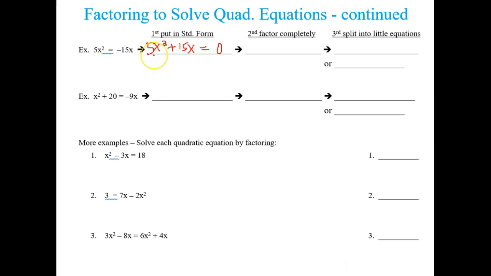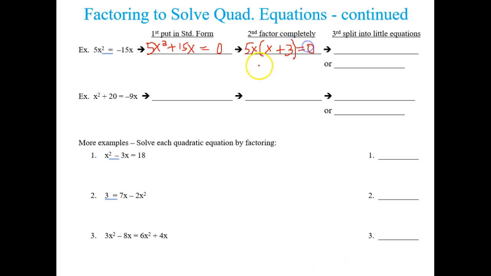Now, the first step in factoring is checking for common factors. So the terms have a common factor of 5x. So I'll write 5x, parentheses, and then I'll have x plus 3, and then equals 0.